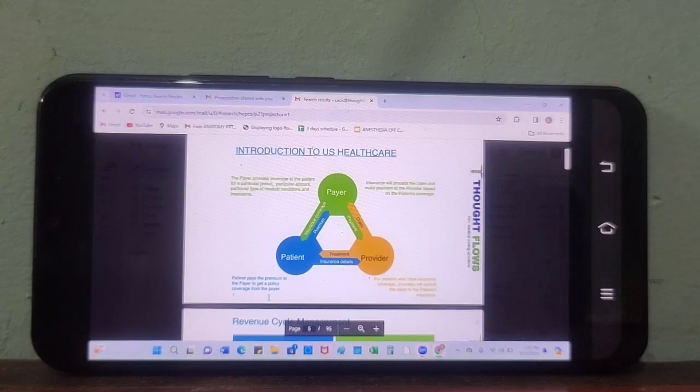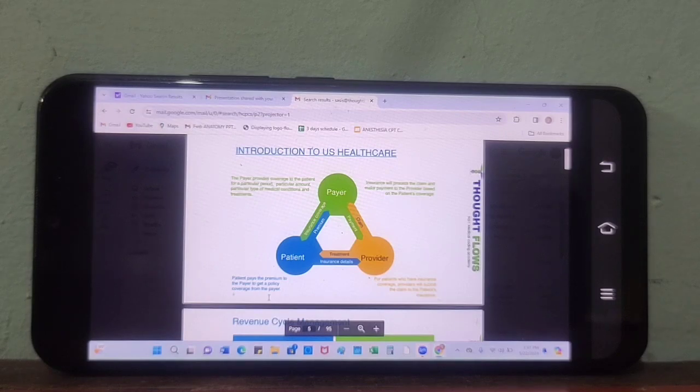This is our Indian healthcare system, but in the US healthcare system, the patient does not pay the provider directly. The provider claims their service, then the insurance company gives the amount.